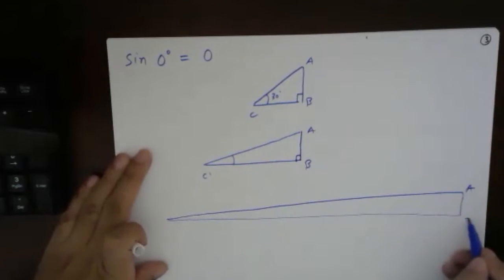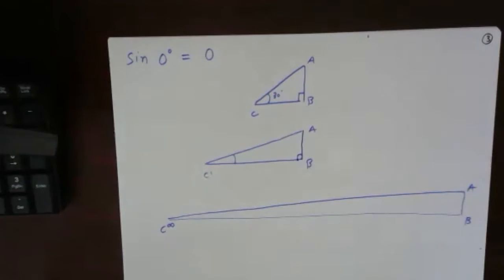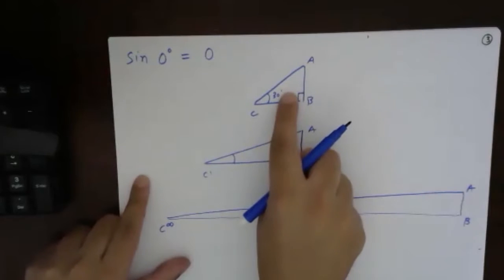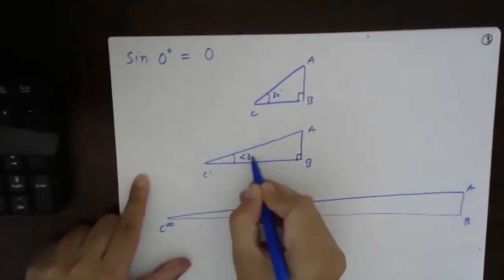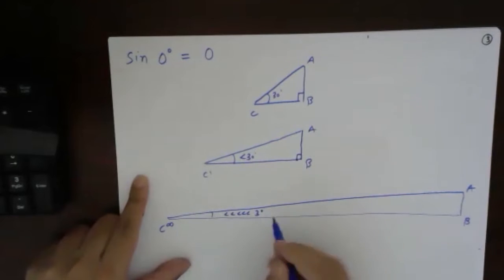This is C at infinity. C at infinity means I have kept on stretching and stretching. So this is 30, this is less than 30, and this is much less than 30. So this is approaching almost equal to 0, right?